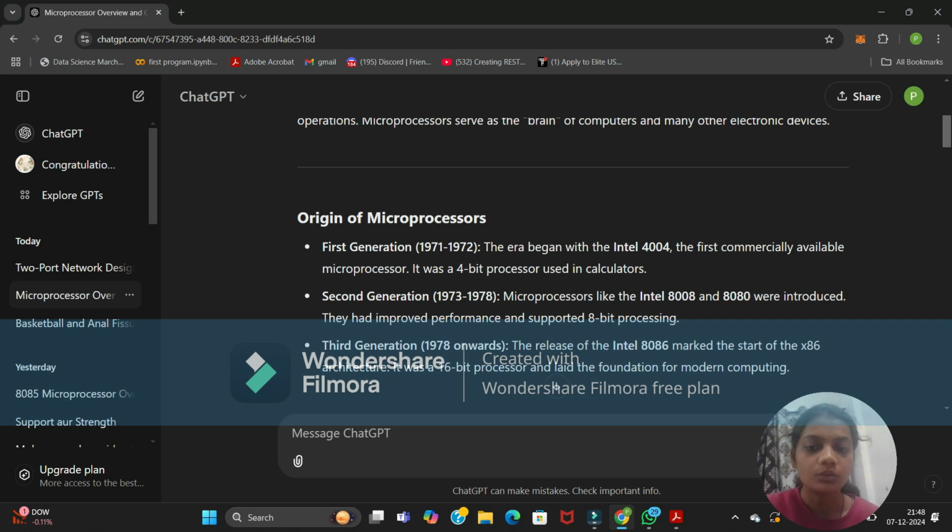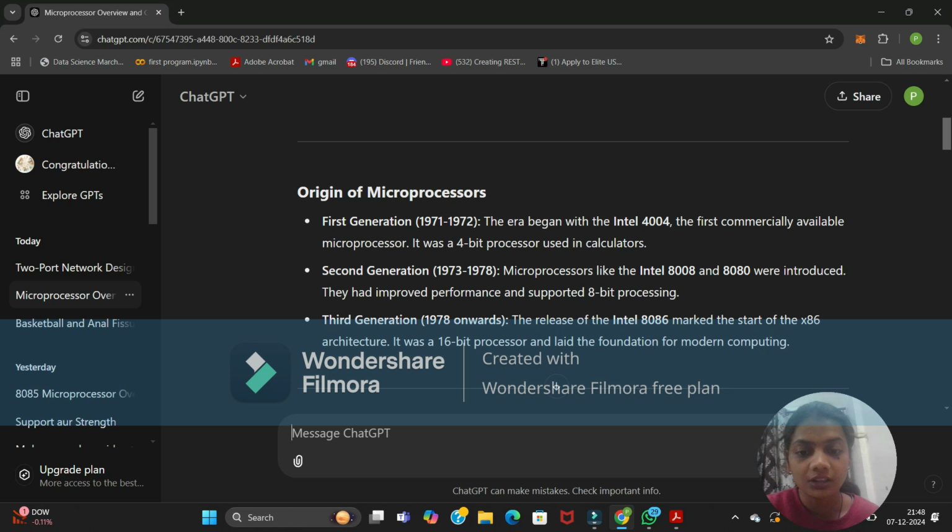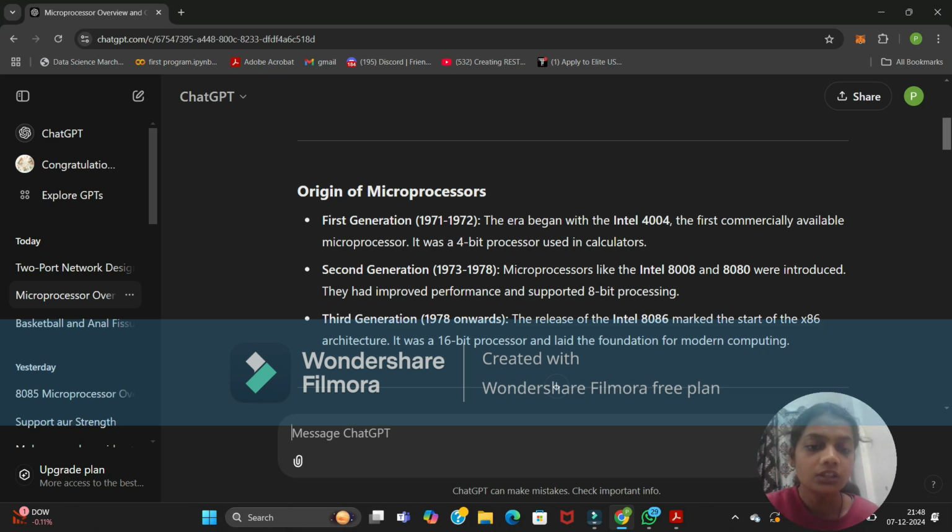If we see the example of first generation, we have the Intel 4004 microprocessor. In the second generation, the Intel 8008 and 8080 were introduced. And in the third generation, from 1978 onwards, the release of 8086 marked the start of the x86 architecture.